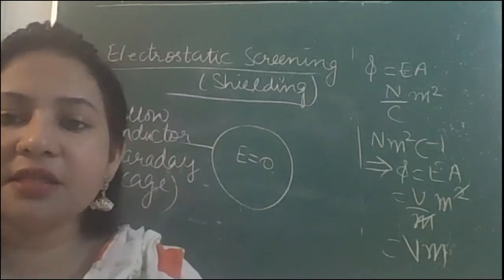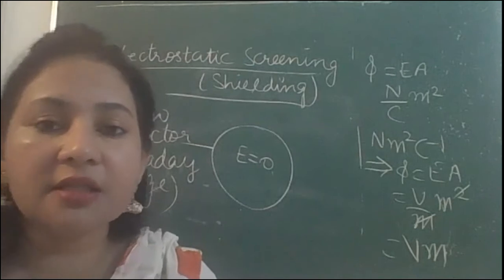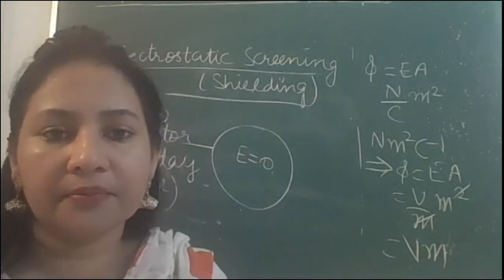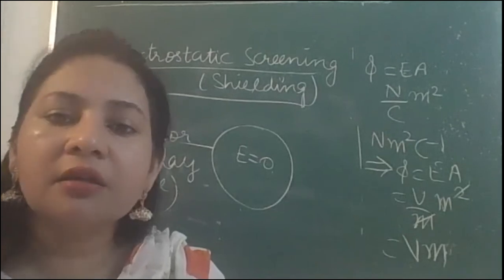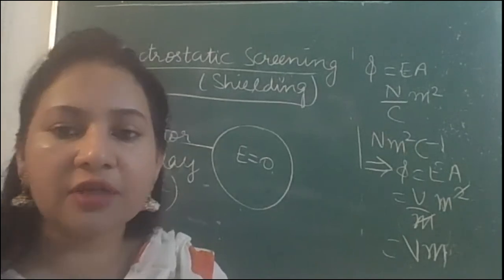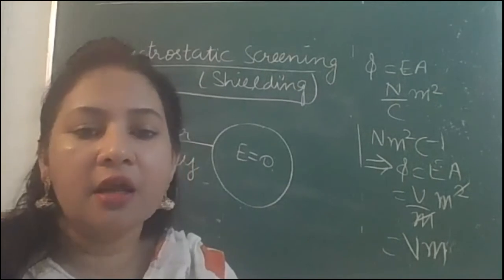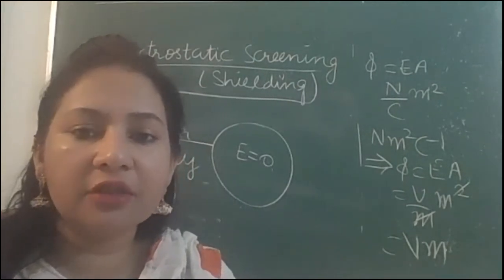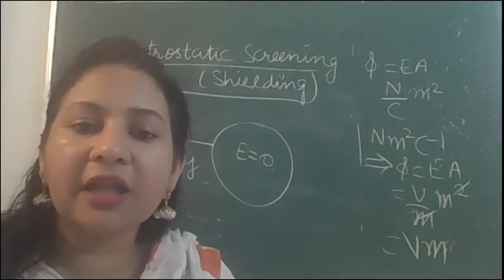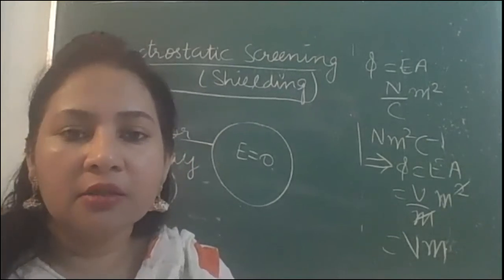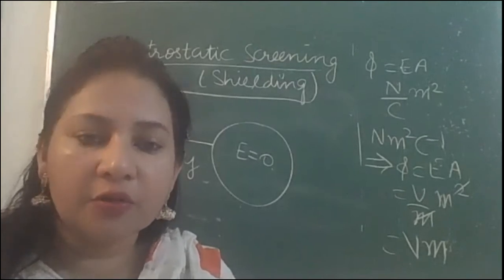By keeping it inside a hollow conductor or by keeping it inside a Faraday cage. Okay, so that is called electrostatic screening or shielding. So I'm going to share screen with you where I'll show an experiment, an activity that I performed at home. So electrostatic shielding will be clear to you.